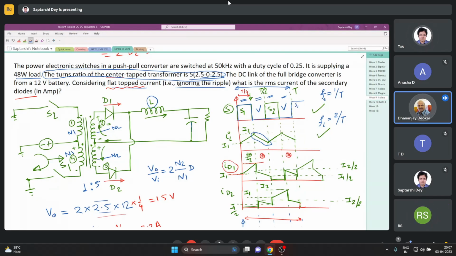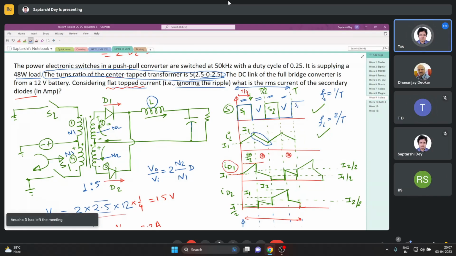Higher switching frequency is associated with higher switching loss, so we are avoiding that, but still we are getting higher frequency current in the inductor. So our inductor size is reduced. That is one advantage of it.